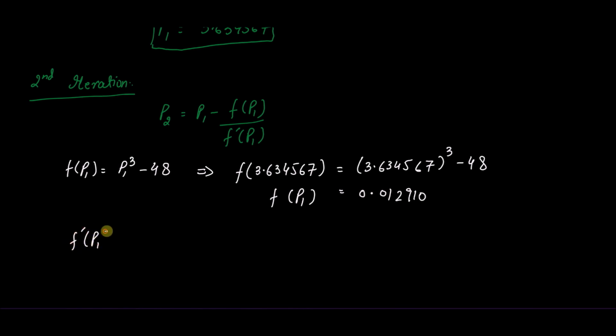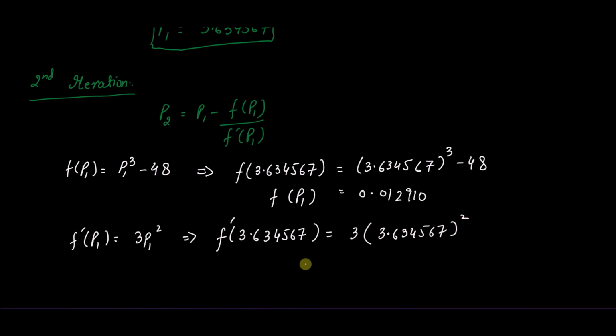Secondly, we need to put in its derivative. So that is 3P1 square. After substituting it, we have 3 times 3.634567 whole square.